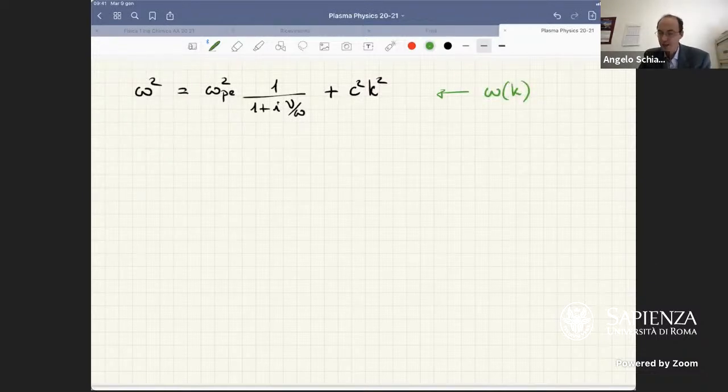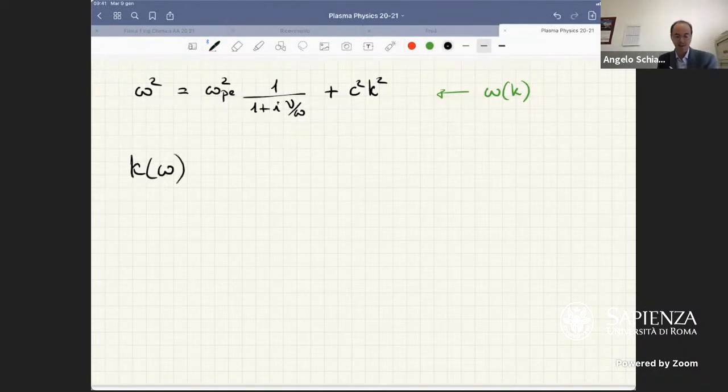But when we discuss attenuation, it's interesting to analyze this relation in the other form, as a function of k in terms of omega.